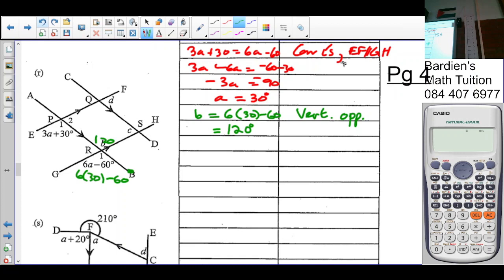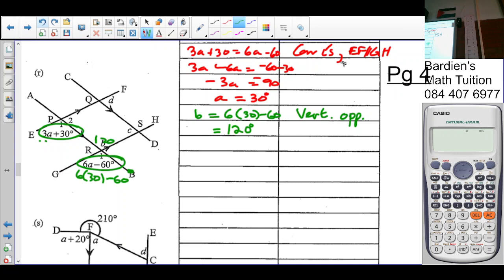Just a second. You understand, my girl? Well, what don't you understand? Do you understand why A is 30? Yes. Now you see this angle here is 6 times 30. A is 30. 6 times 30 minus 60. 6 times 30 is 180. 180 minus 60 is 120. If I was going to check this angle here, what's 3 times 30? 90.